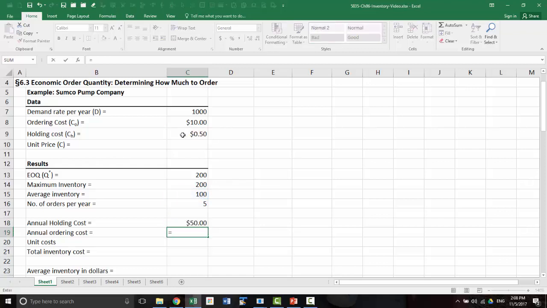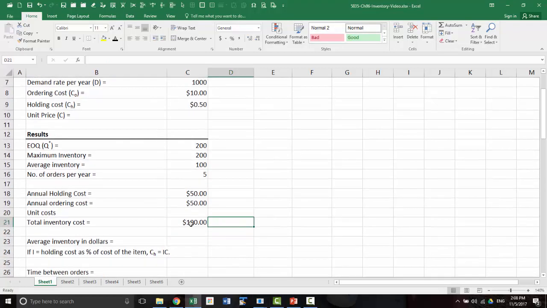Annual ordering cost is number of orders per year times cost to place one order. Okay. So unit cost for now we don't know, so we will leave that blank. That plus that is the inventory cost excluding cost of the items. Cost of the items doesn't matter here.